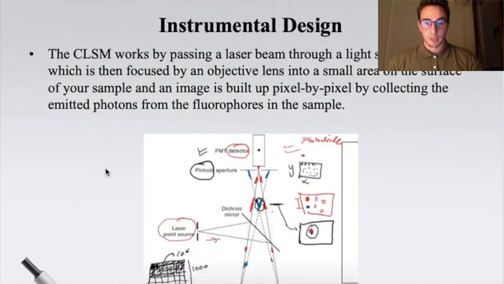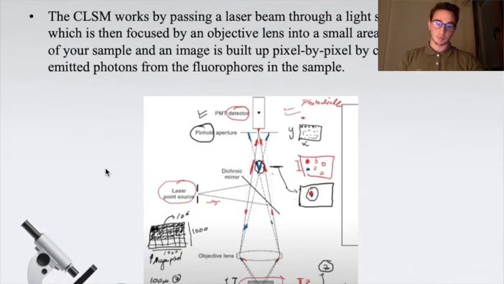Let's move on to instrumental design. As we see in this picture, the CLSM works by passing a laser beam through a light source aperture, which is then focused by an objective lens into a small area on the surface of your sample, and an image is built up pixel by pixel by collecting the emitted photons from the fluorophores in the sample.